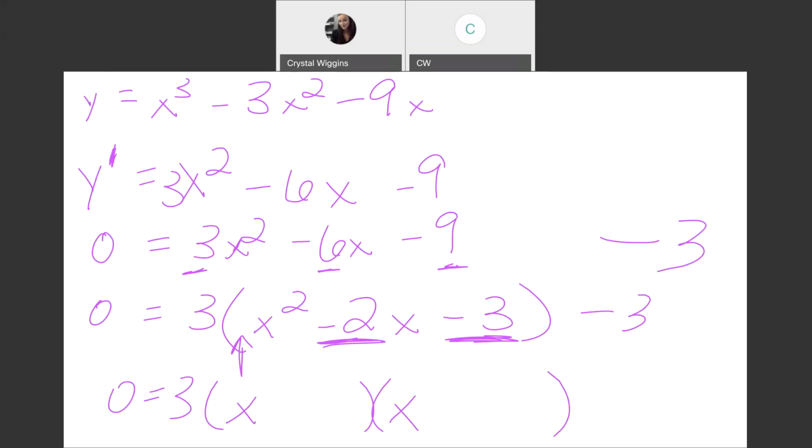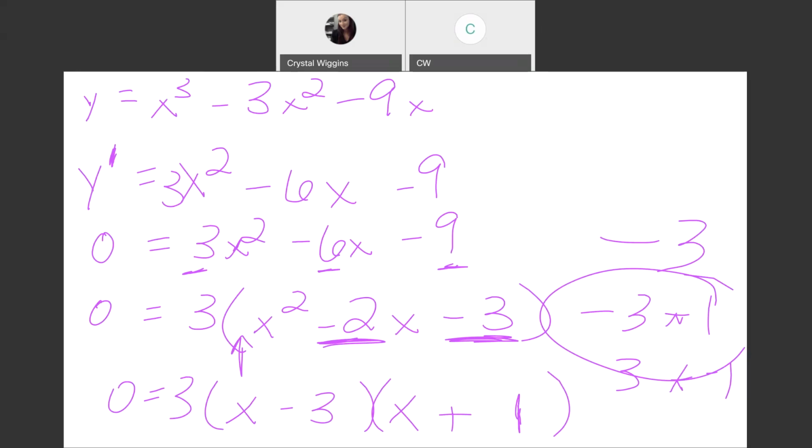Negative 3 times positive 1 or positive 3 times negative 1 are our only two options for our prime number of 3. Now we just have to figure out which one adds to the middle, and we want a negative number, so this is our combination. So we have x minus 3 times x plus 1, our factored form.